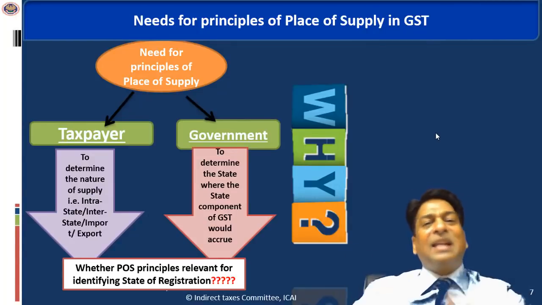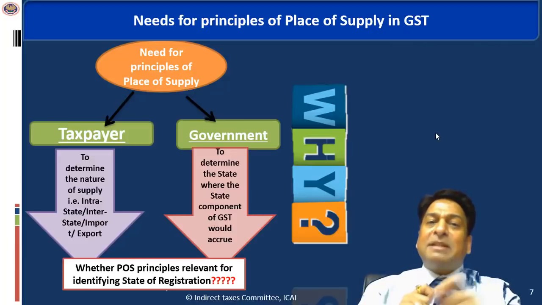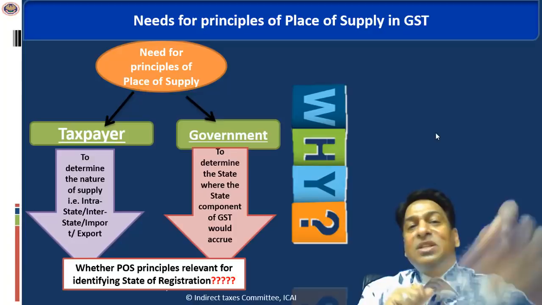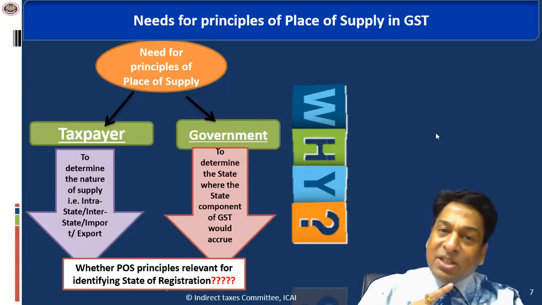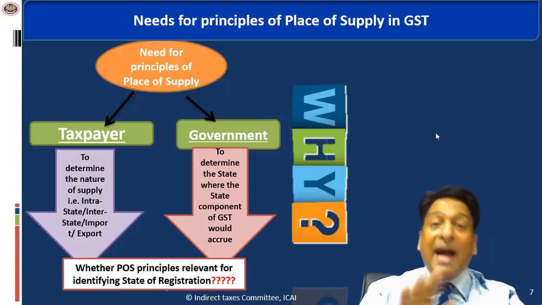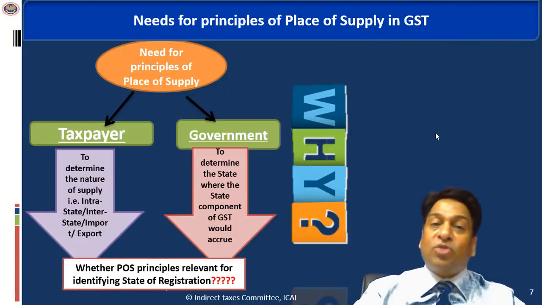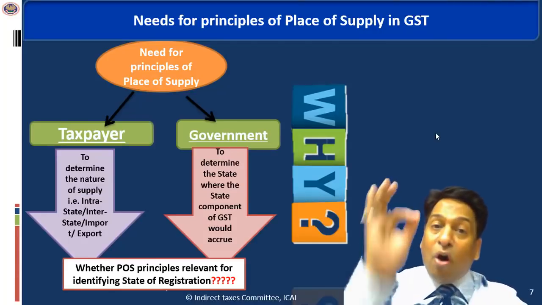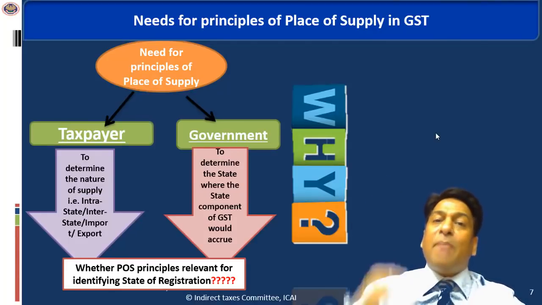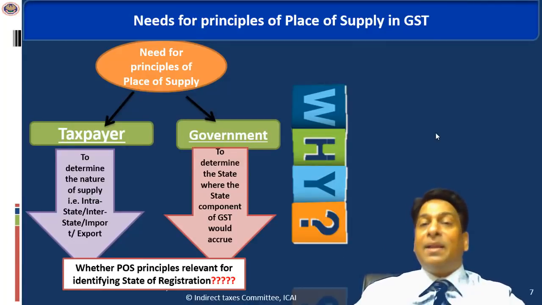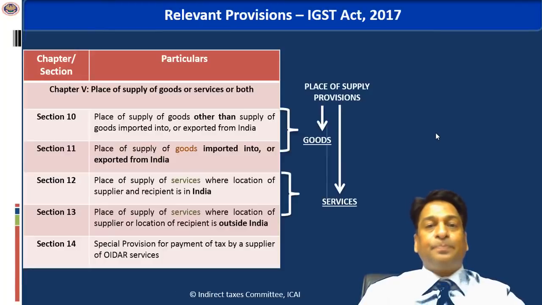Since place of supply determines the state where goods or services are consumed, am I supposed to take registration in the consuming state? The answer is a big no. We have to take registration on an origin basis, from where goods and services are ultimately being supplied. That is stated in section 22 of the CGST Act 2017.